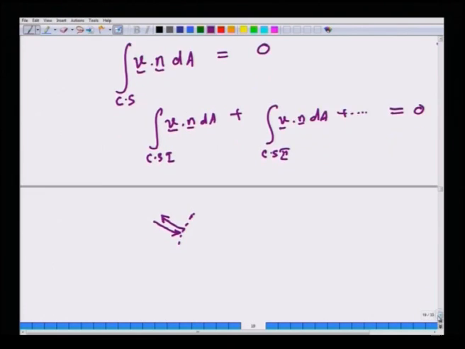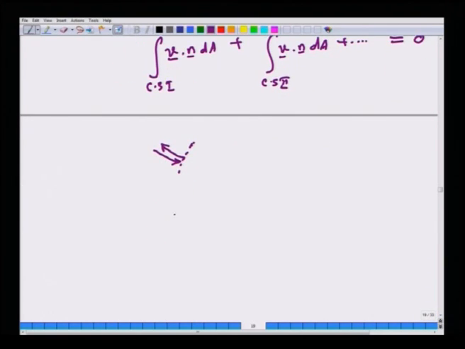For example, suppose you have a CV like this, and let us say fluid is flowing perpendicular in this manner. It is useful to keep the control surface like this.